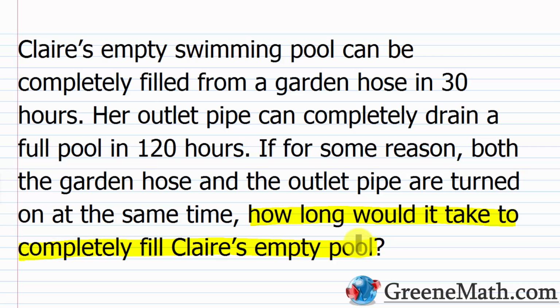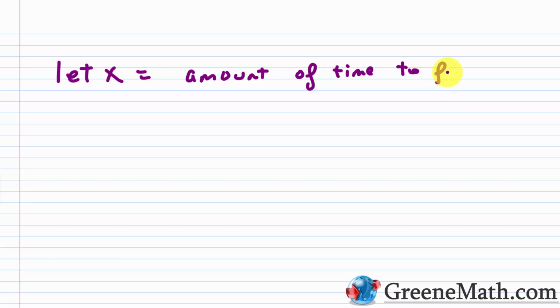So how can we model this? Let's just say we're going to let x be equal to the amount of time it would take to completely fill Claire's empty pool. So I'm just going to say let x be equal to the amount of time to fill the pool, okay? Let's go down to the table. Let's organize some stuff.